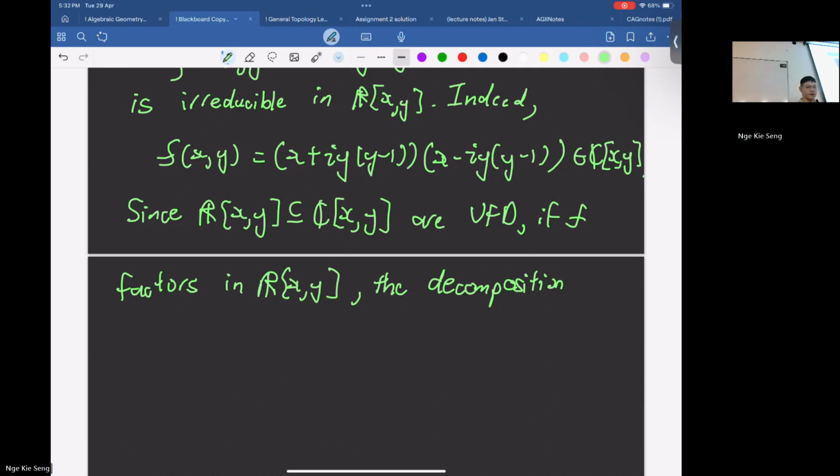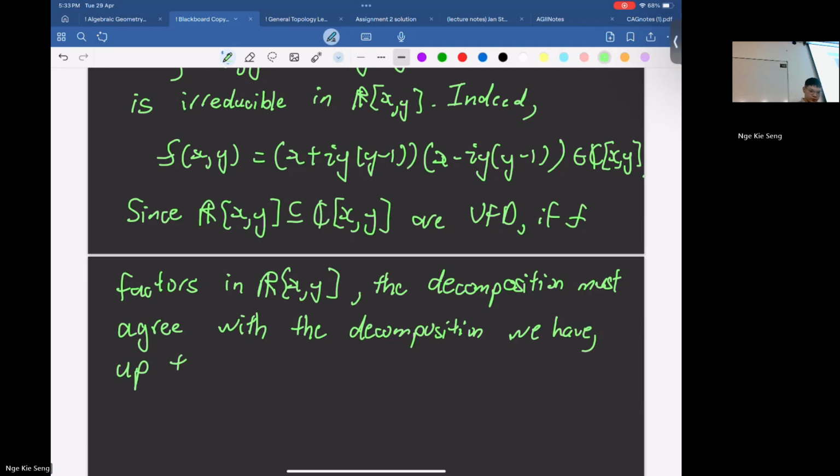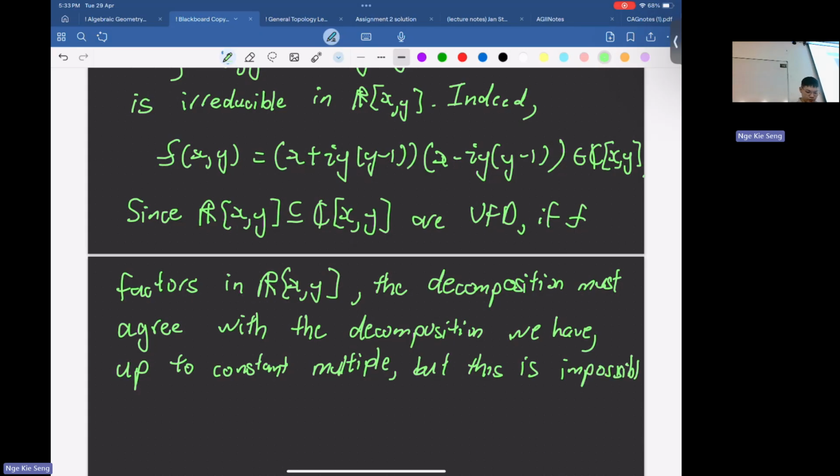Last time we proved there's a unique factorization into primes, the decomposition we had, up to constant multiple. But this is impossible. So this proves that the function is irreducible in R adjoint x, y.